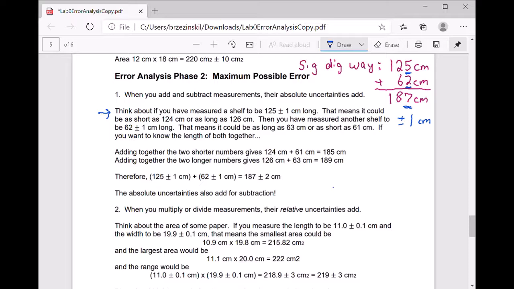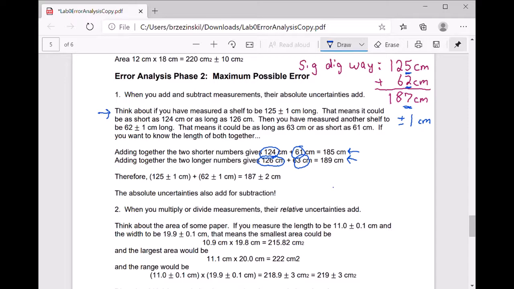So if the 125 were really a 124 and the 62 were really a 61, you could get a number as small as 185 centimeters for your total length. If on the other hand, your real length is 126 centimeters, a little bit longer, and 63 centimeters, you could get something that's as large as 189.